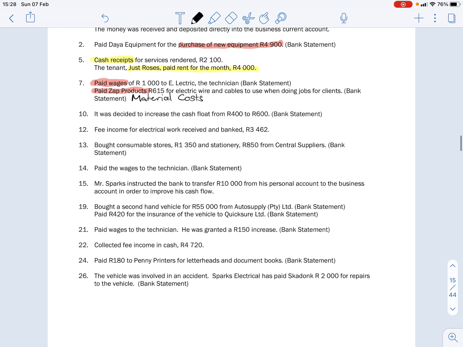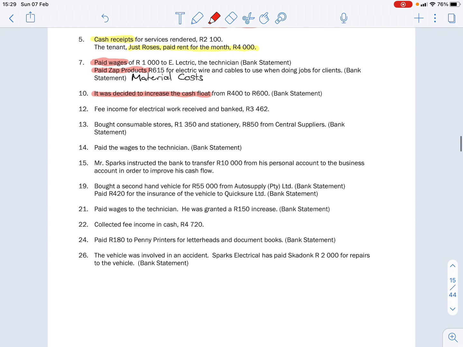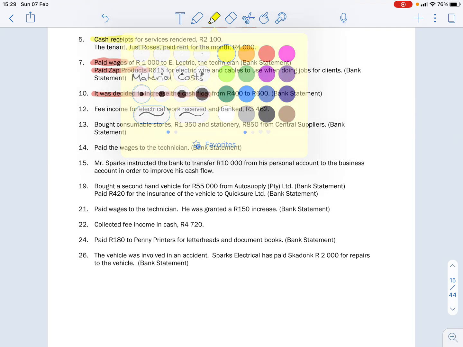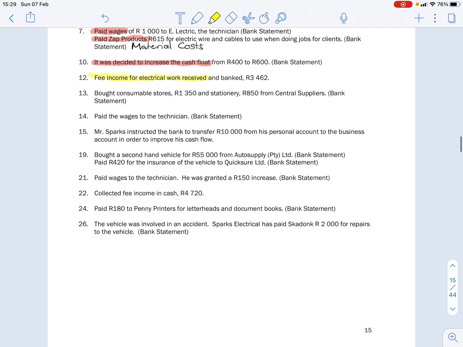Okay, on the 10th, it was decided to increase the cash float from 400 Rand to 600 Rand. Money goes out of our business's bank account and into the cash float, or the till, cash register. On the 12th, fee income for work done, received and banked, CRJ.